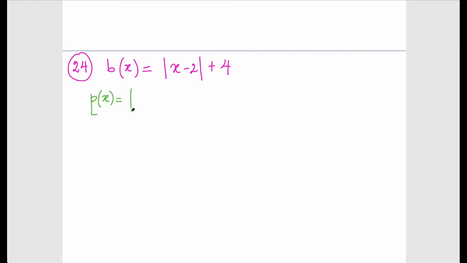It's the absolute value function. You see it's highlighted here, and we know how to graph this function, correct? That function is V-shaped. So it's something like this. That's P of x.